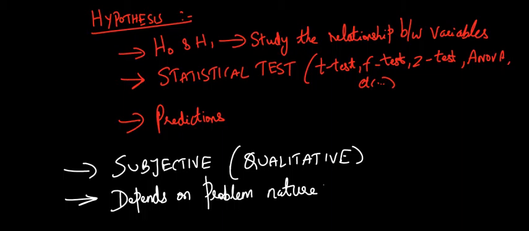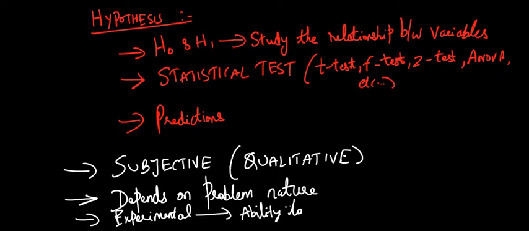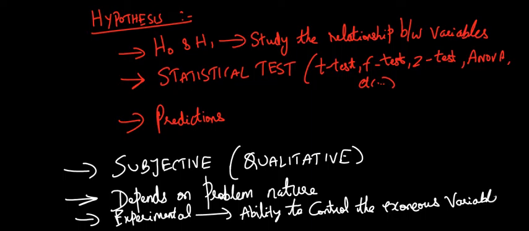An advantage of experimental research is that it has the ability to control the exogenous variables. This is the most important advantage of using experimental research, so that you can manipulate one or more variables which will help you in your process.